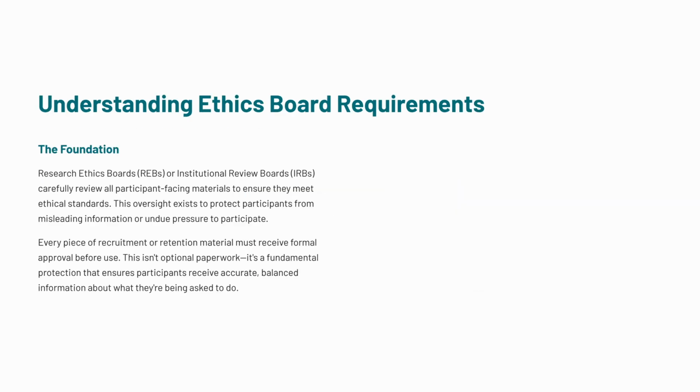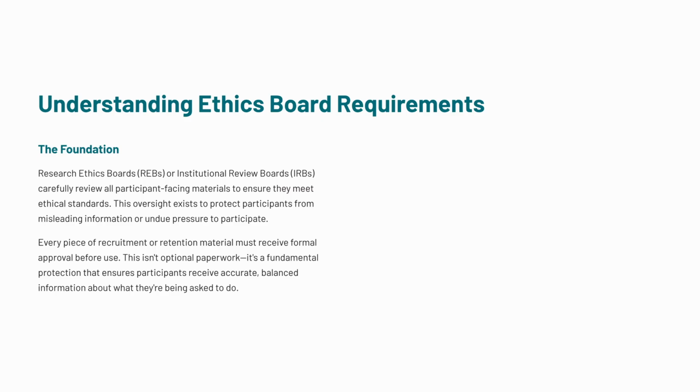And once your materials are built, they need to pass ethics review. Research ethics boards closely review participant-facing materials because these materials can shape decisions. If the language is confusing, overly optimistic, or even subtly pressuring, that's a problem. The board's job is to make sure what you're saying is accurate, balanced, and not coercive.